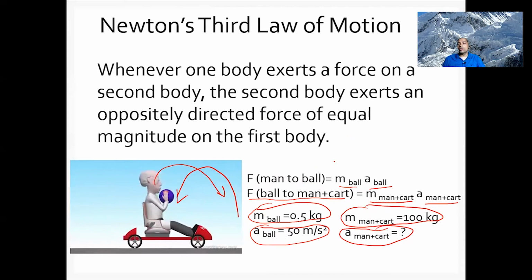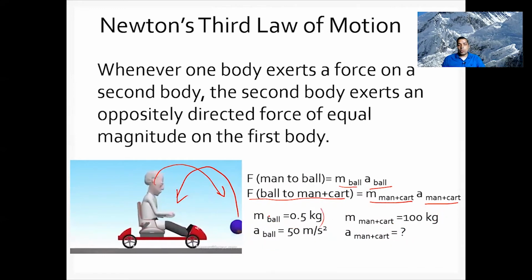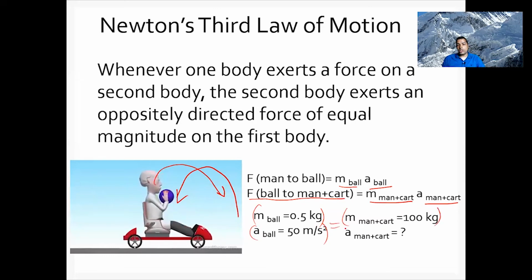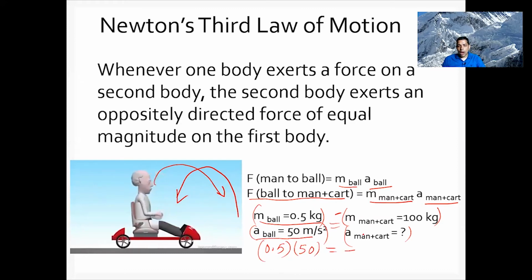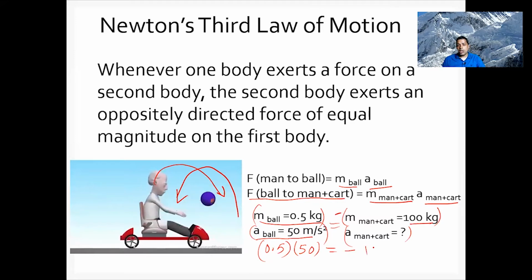So according to Newton's third law, what happens? This multiplied with this equals this multiplied with this, but opposite sign. So, let me write: mass of the ball 0.5 times acceleration of the ball 50 equals minus 100 times a. That's what I meant.